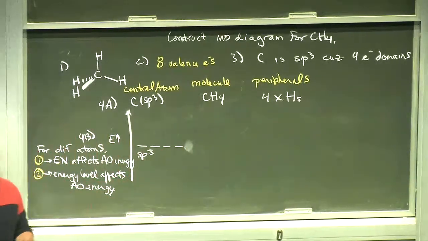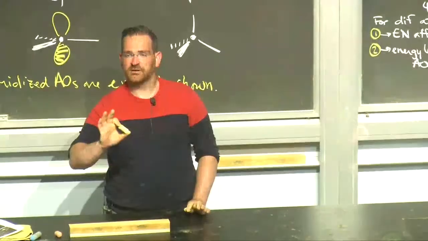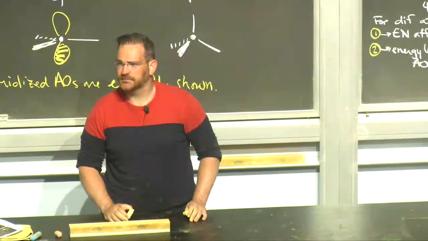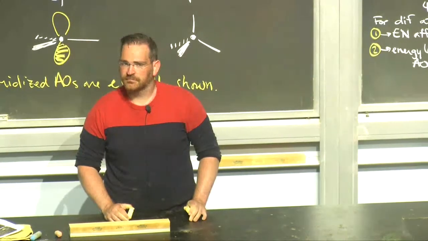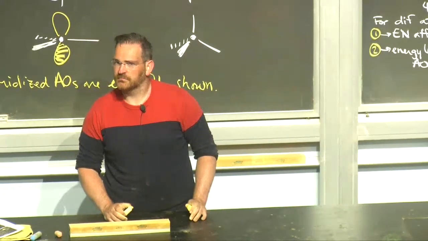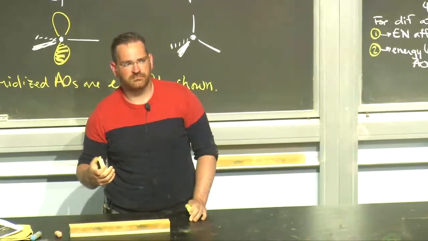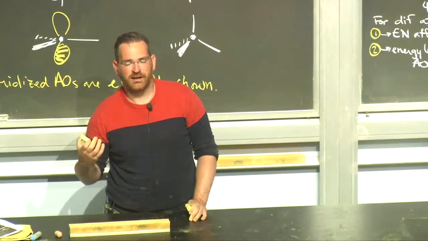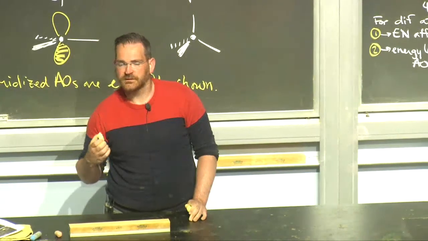sp3 hybridized atomic orbitals. Where is H going to be in relation to that? Based on electronegativity, where should the hydrogen orbitals be? Same. Are their energy levels the same, though? No. So should hydrogen be a little higher or lower than carbon? A little bit lower.